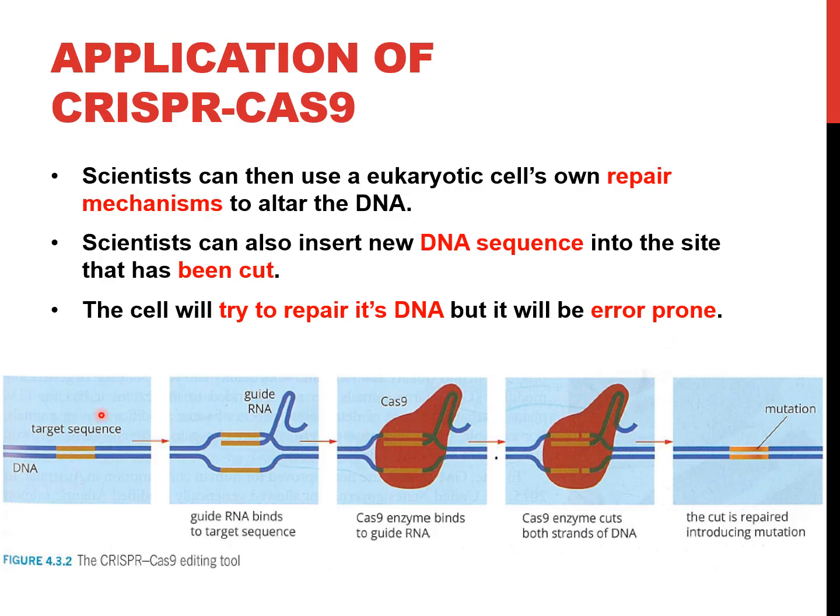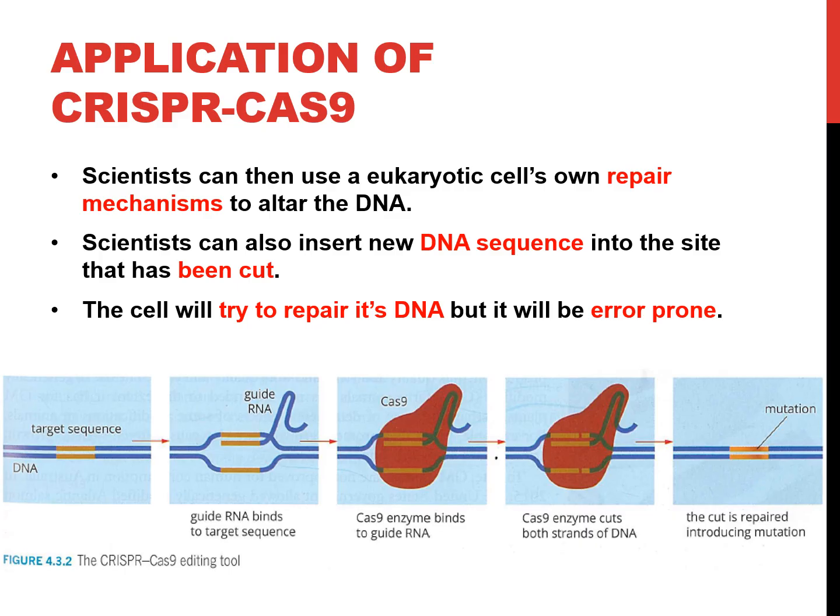You can see that in the process here. So target sequence of DNA, you cut that out and you load it up into guide RNA, which is this shape here. That shape then locks into a Cas9 enzyme. It hooks in, and that's now its guide, because guide RNA guides the enzyme to where it needs to cut.